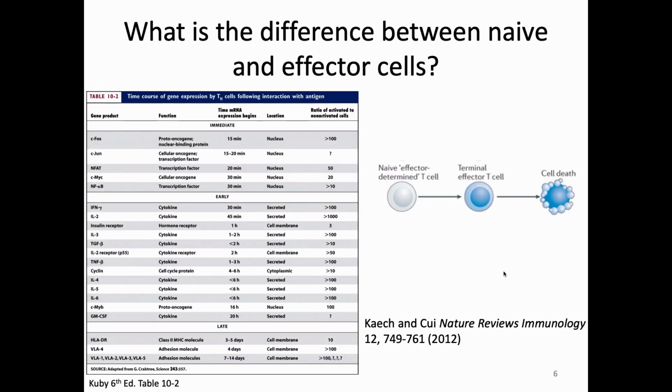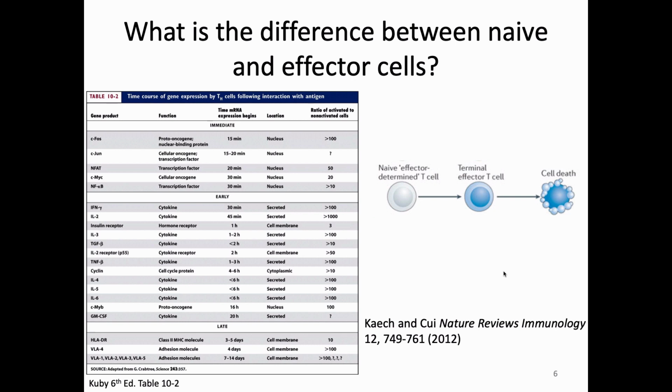We can easily see the difference between naive and effector cells, and y'all already know this. If you look at a naive cell, you know that we require signal 1 and signal 2 to turn on that cell. And that's going to turn on the production of a whole lot of different things.